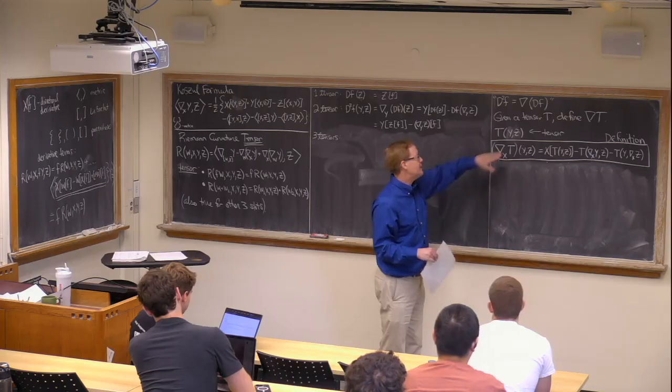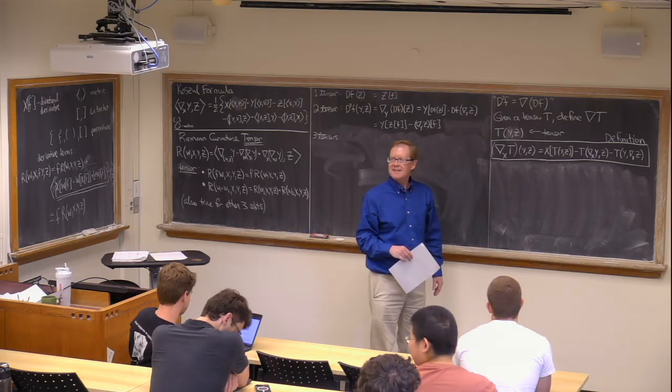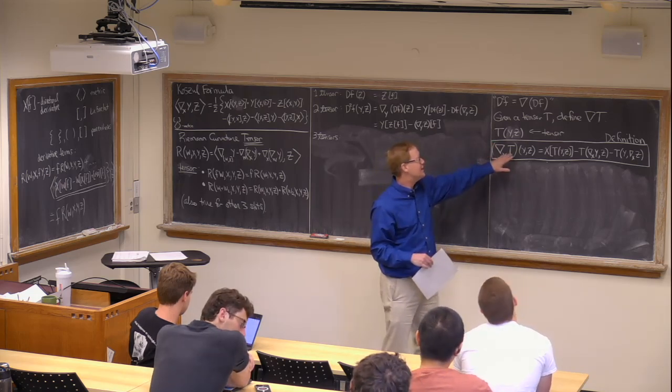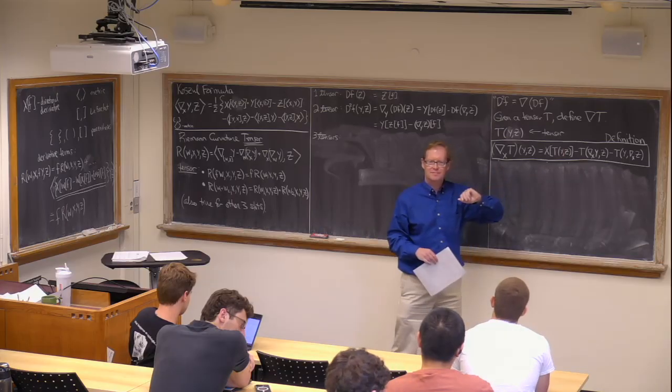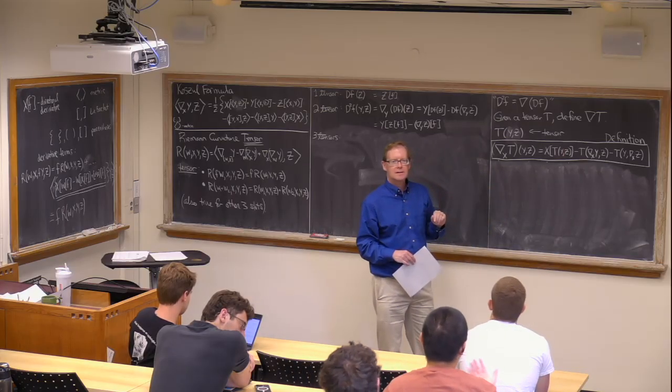The point is it's a magic definition. What's magic about it is that you give me a tensor T and its covariant derivative will also be a tensor.